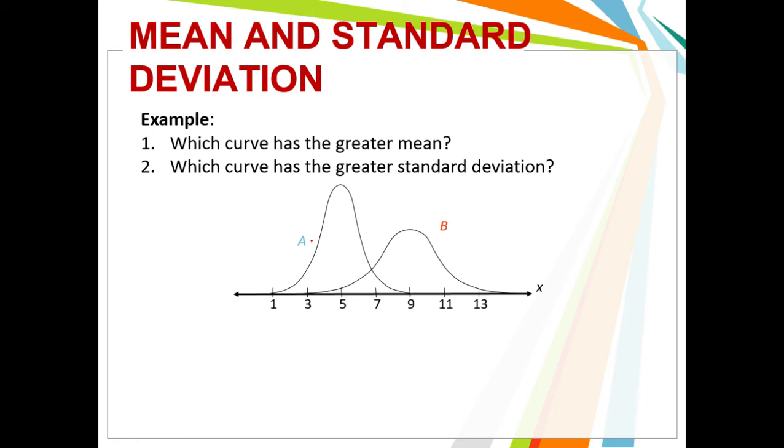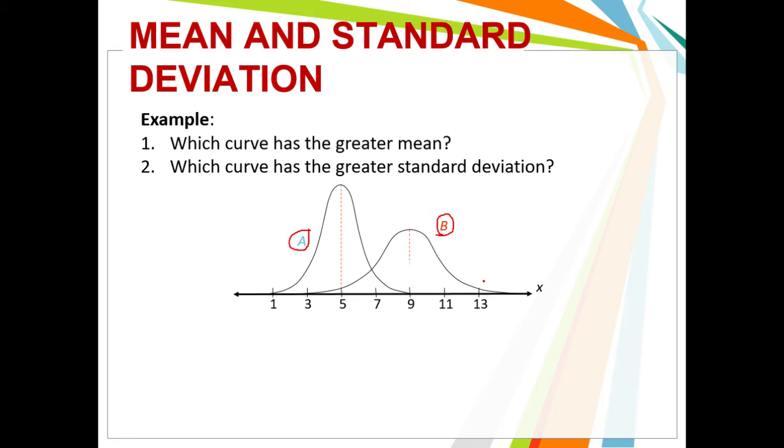Yung ating A na curve is mas mataas, mas matangkad ang curve, pero mas manipis. Yung ating B na curve naman, mas mababa, shorter, but wider naman yung kanyang width, or mas malapad yung ating curve. So, saan dyan ang greater ang mean? We only have to look at their line of symmetry.